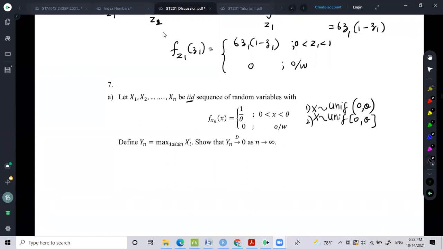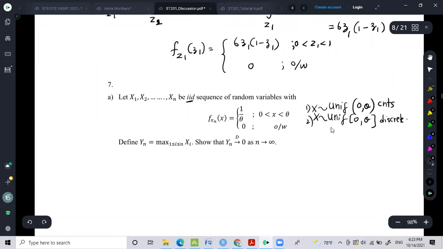You are getting closer. At discrete, exactly. So you got the answer, Mangi. It is the discrete and the continuous. So the first one is the continuous uniform distribution. The second is the discrete uniform distribution. I'm very happy to see that you have understood it. Very good.